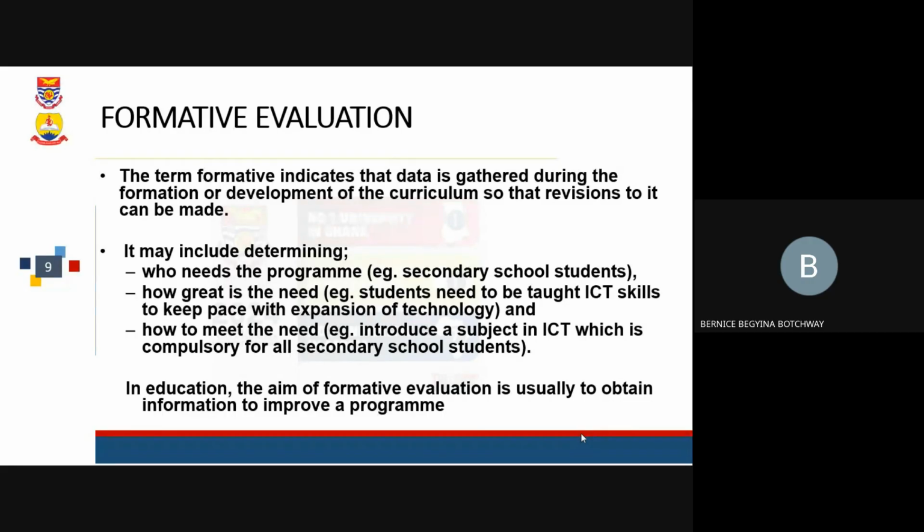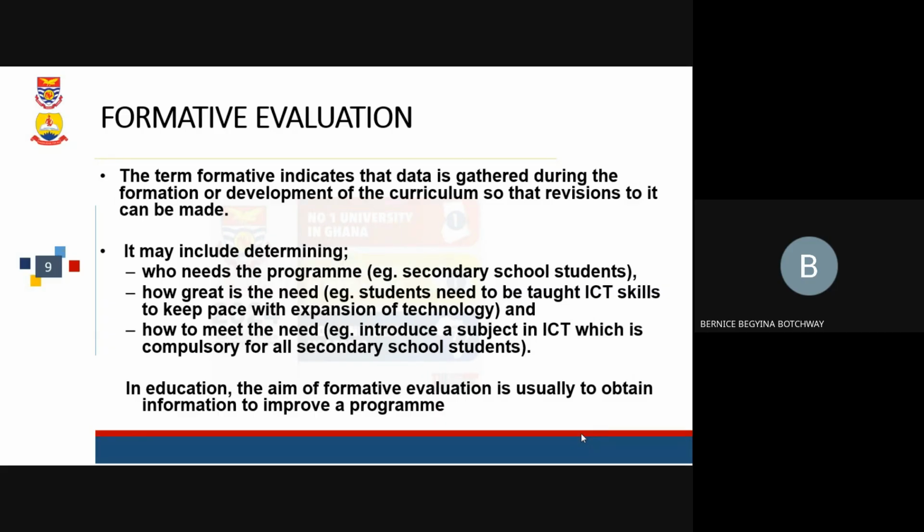It is a continuous process that helps curriculum designers, teachers, and administrators to identify weaknesses early. It helps them to test new materials and adjust the teaching strategies before final judgment is made. So this one focuses on the process while it is happening.